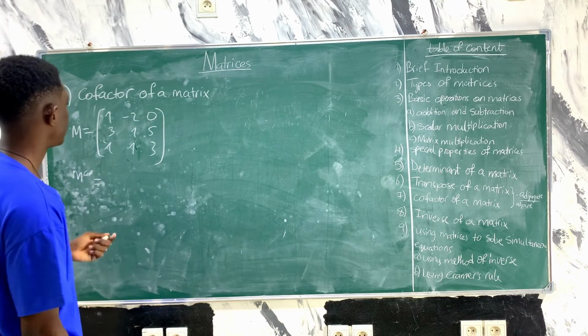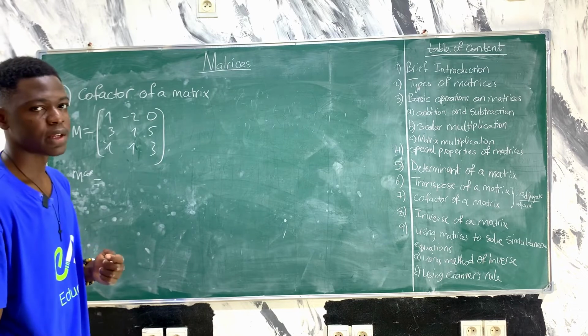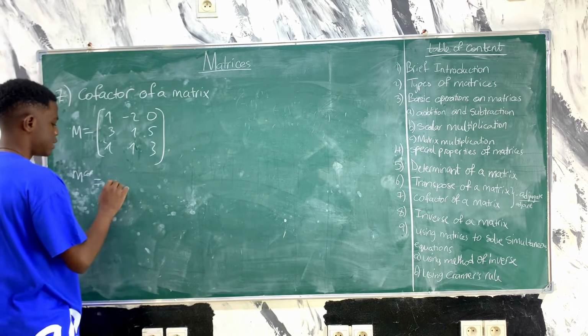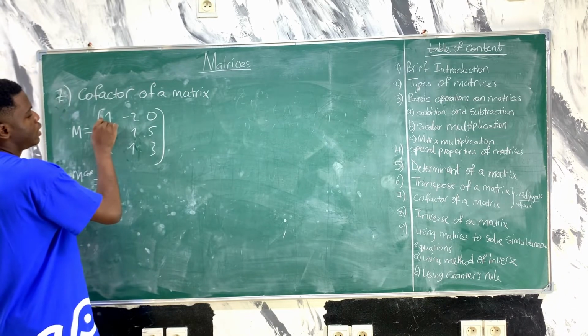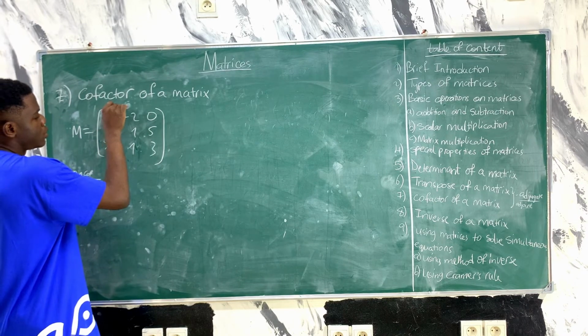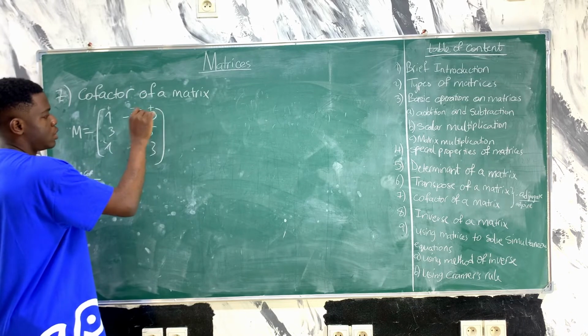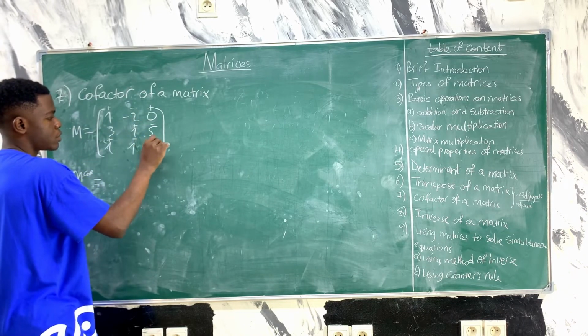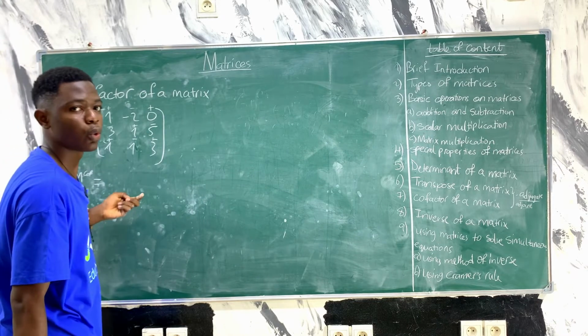So how do I find the cofactor? The way we did for the determinants, you take this one, you put it like this. What is the sign here? The sign here is plus, minus, plus, then minus, plus, minus, then plus, minus, plus. So the first sign is plus.